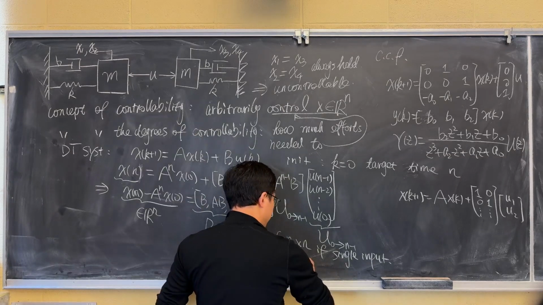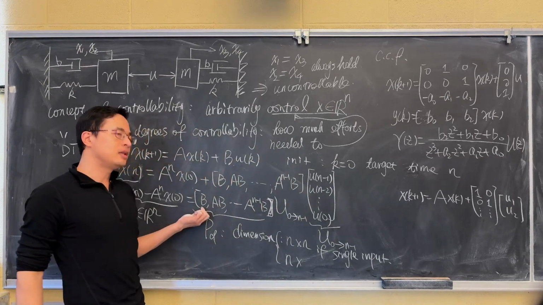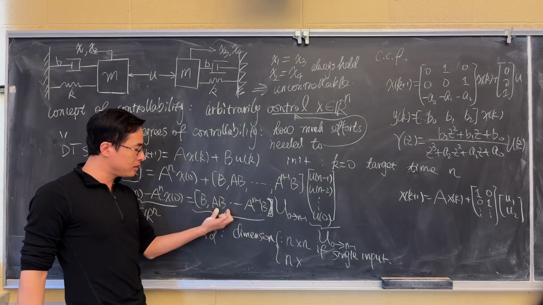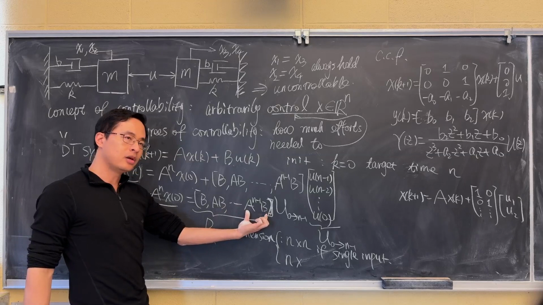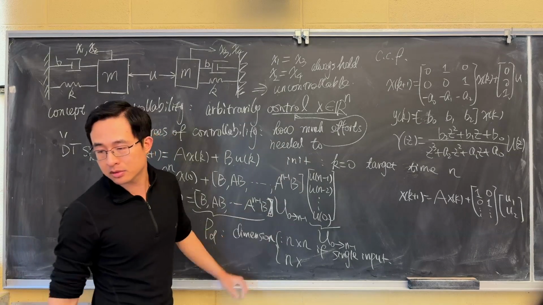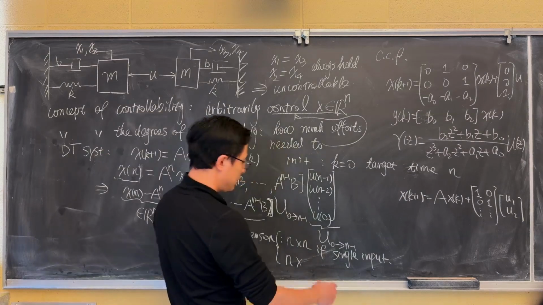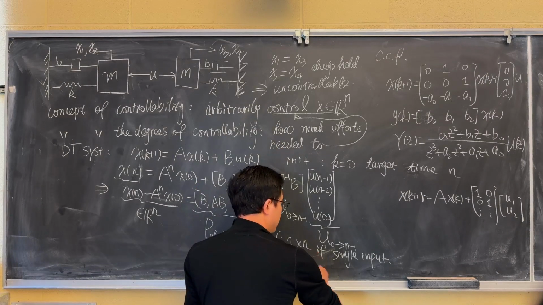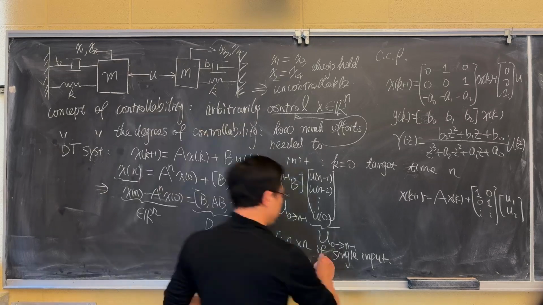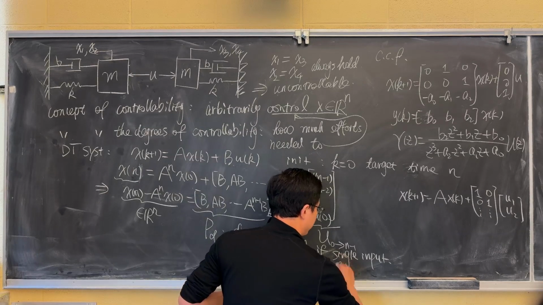But the dimension of B and consequently all these other terms will change. Let's say the number of inputs is the dimension of u, so the matrix has that number times n columns if multi-input.